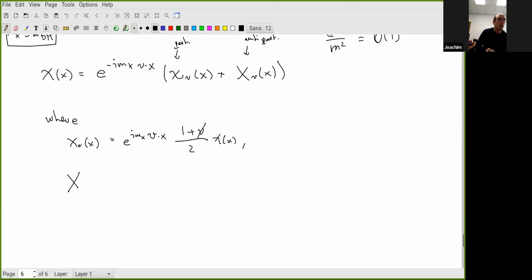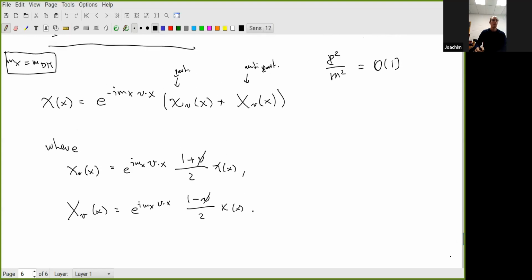And capital chi_v of x equals e to the i m_chi v dot x times (1 minus v slash)/2 times chi of x. Chi of x is the original field. So you see we split it in this way. If you insert it here, you get back what you have here.